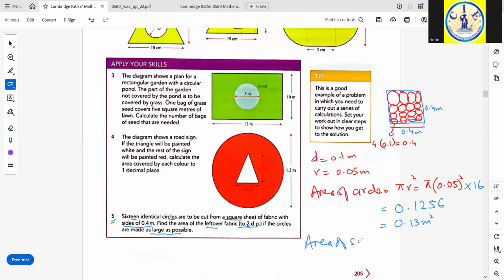Okay, now area of the square, that is equal to 0.4 squared, that is 0.16.